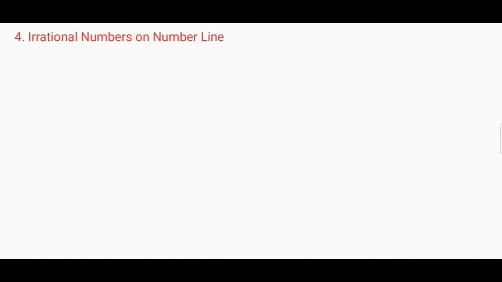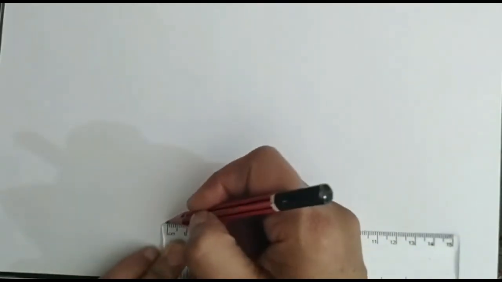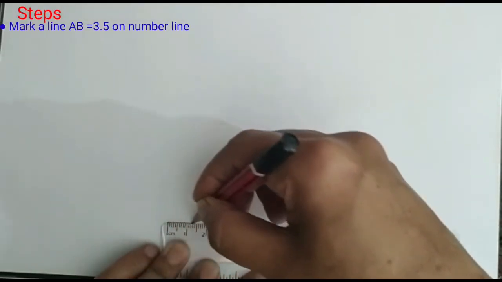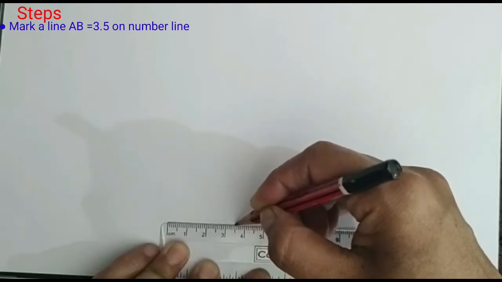Now, let's see how we can represent irrational numbers like square root of 3.5. Here we have a decimal number inside. Let's draw square root of 3.5 on number line. For that, I will take a line which is equal to 3.5, this AB.